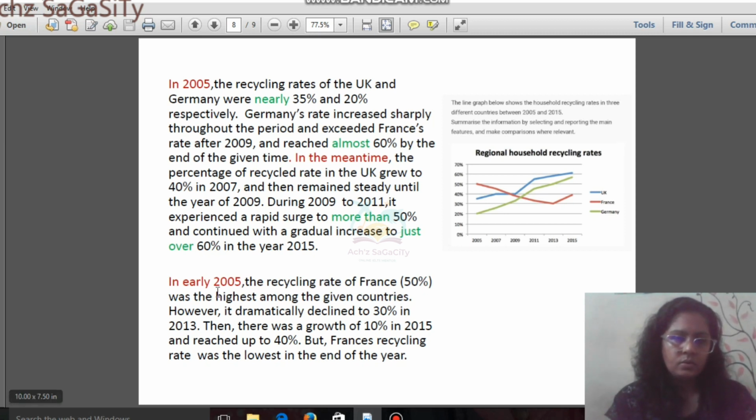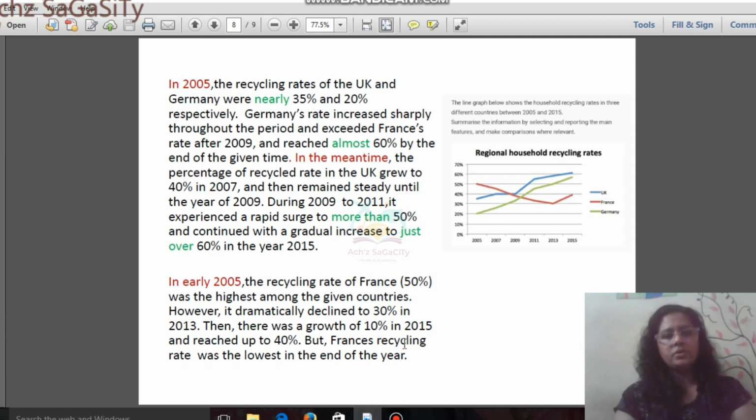The recycling rate of France was the highest among the given countries in the starting time, but however, it started to show a downward trend, the opposing trend. Whenever we are writing about the opposing trend, we need to give proper cohesive devices. So you can write in contrast, however, yet, although, nevertheless. These are all words which show the contradicting view.